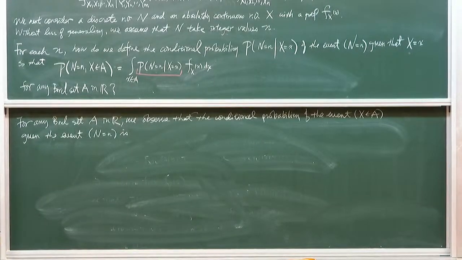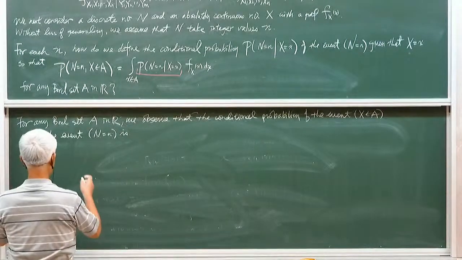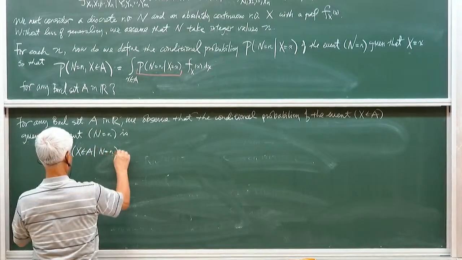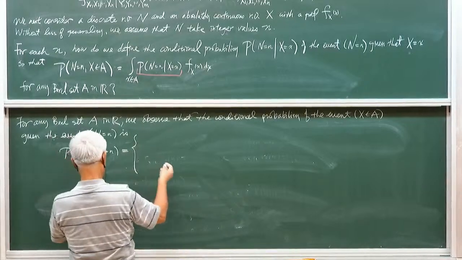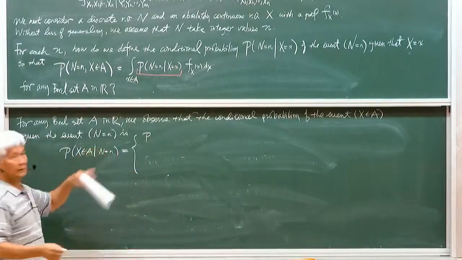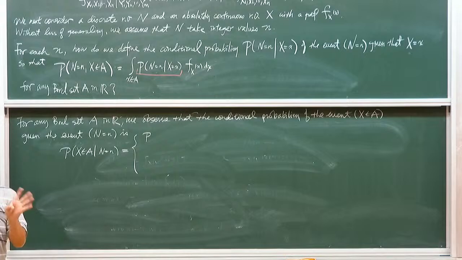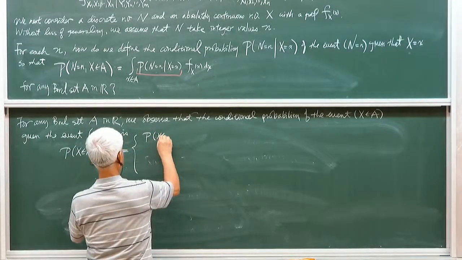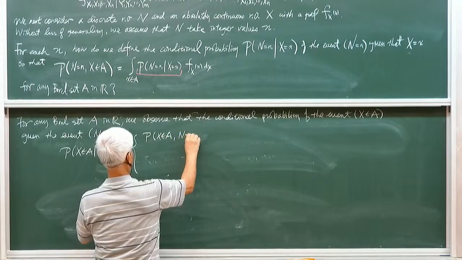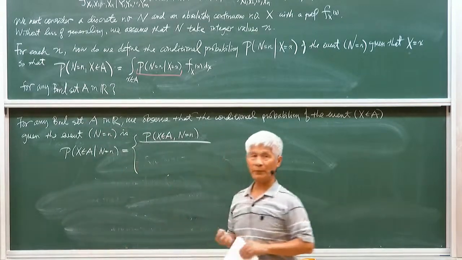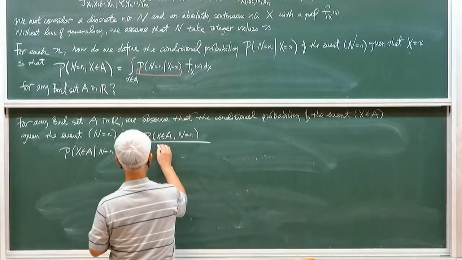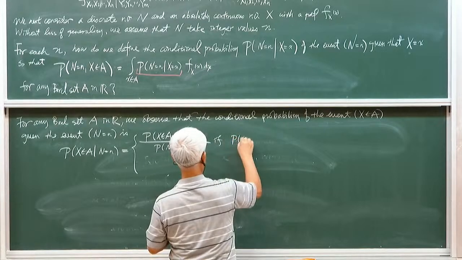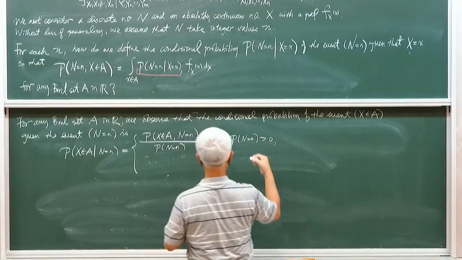We know this from chapter 3, right? So we know the probability of X in A given N equal to little n. If the given event occurs with positive probability, then this is just equal to the joint probability divided by the probability of the given event.